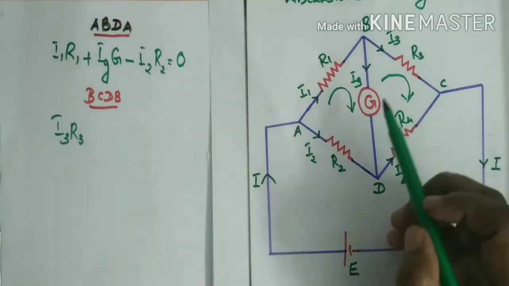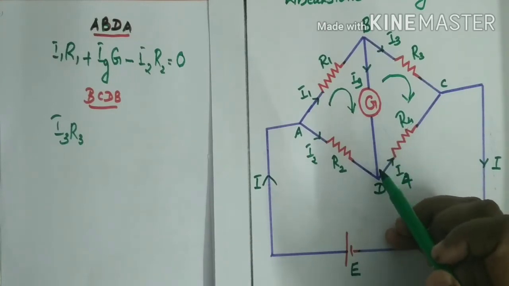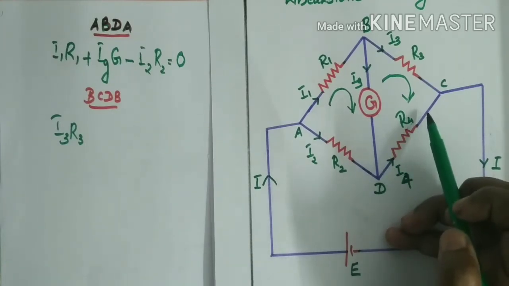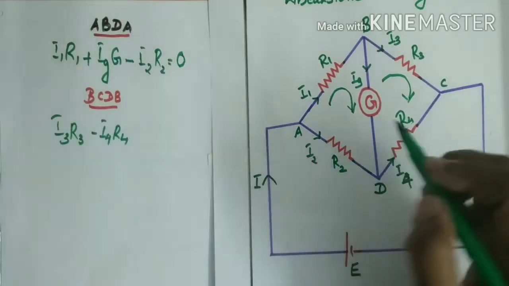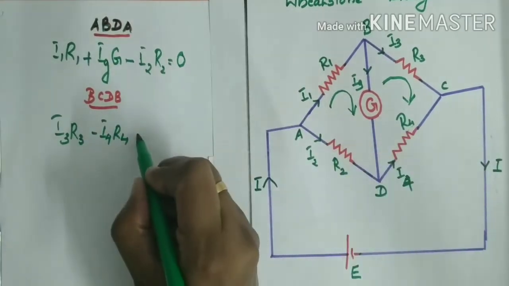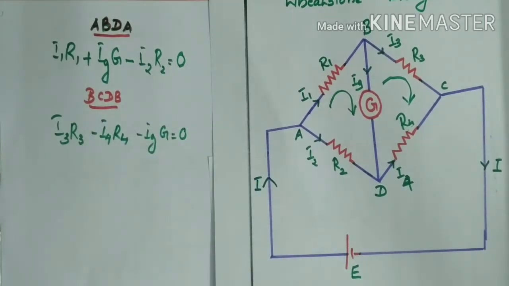Now here the assumed current is flowing in the downward direction, but the original current is in the upward direction, opposite, therefore it is minus I4 R4. Through the galvanometer it is also opposite, therefore minus Ig G equal to 0. That is the method by which we can apply Kirchhoff's loop rule for the loops ABDA and BCDB.